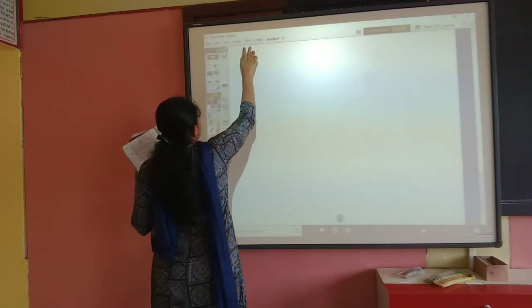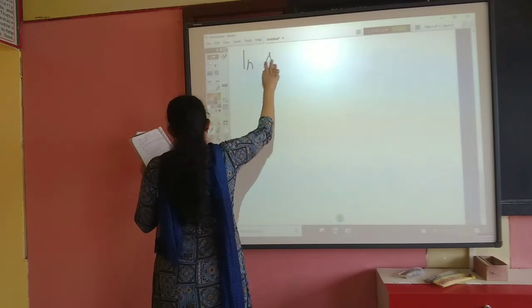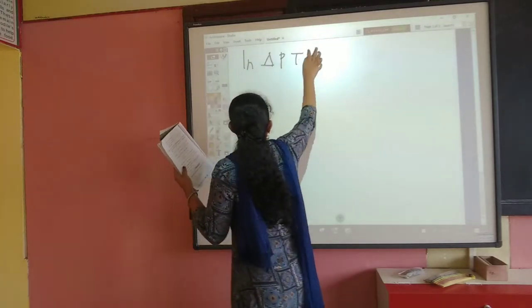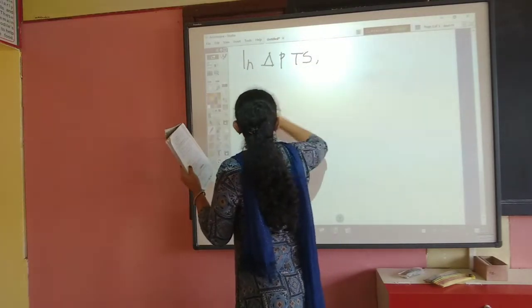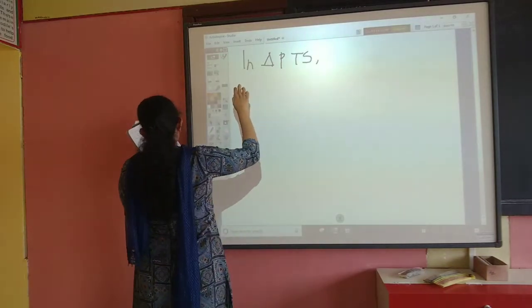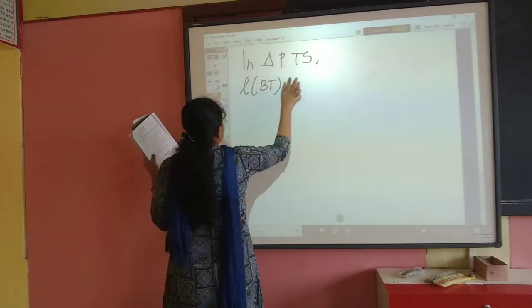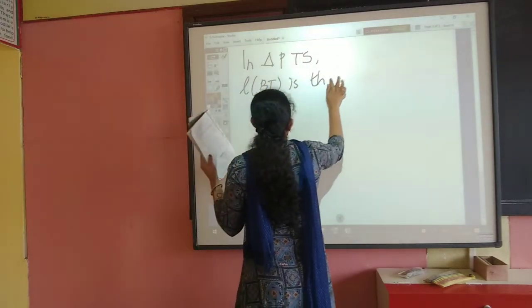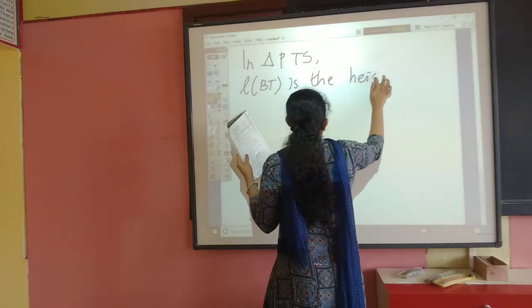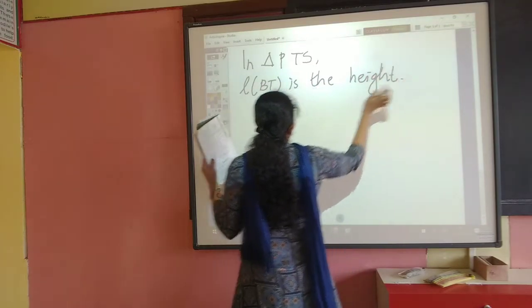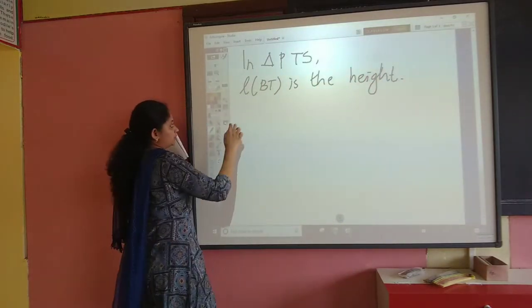So write down in triangle PTS. Go to the height of that triangle. Length BP is the height. So we can use half into base into height formula.